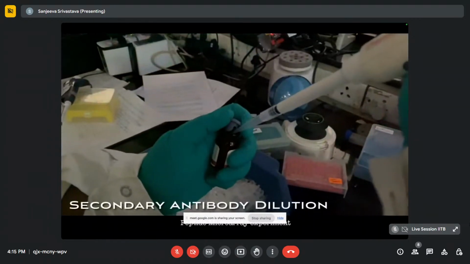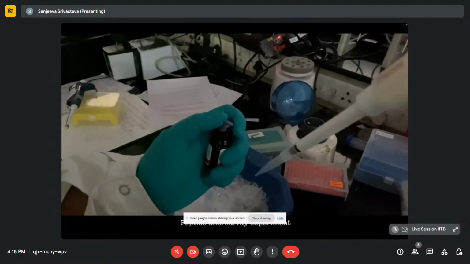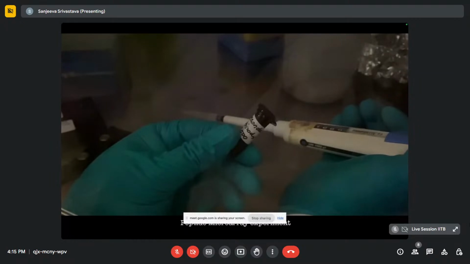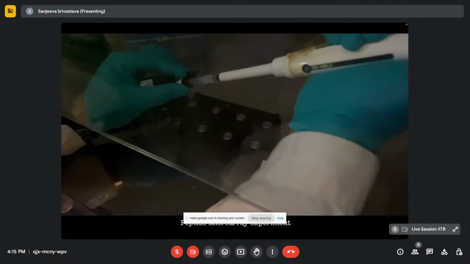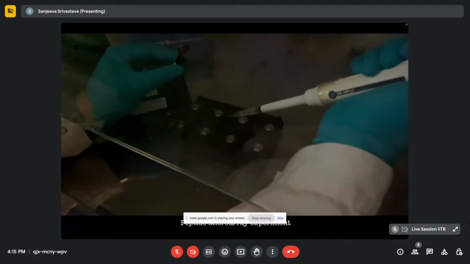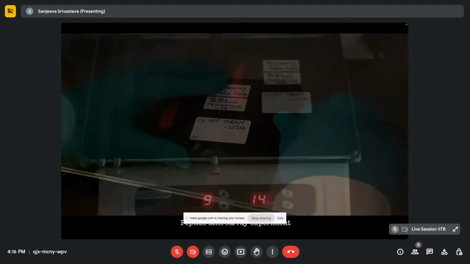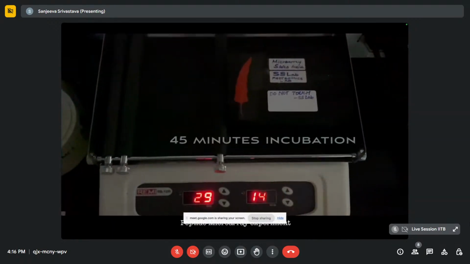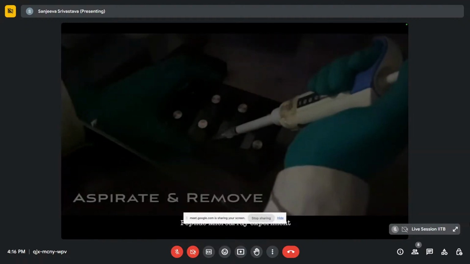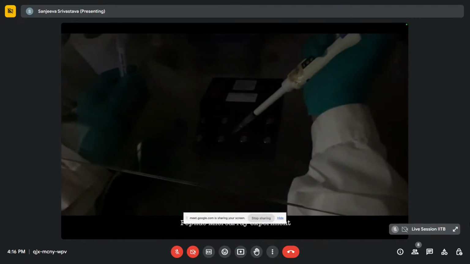Prepare a dilution of secondary antibody at 1:2000 and then slowly overlay the secondary antibody on the microarray chip. For 45 minutes, allow the incubation to happen at 140 rpm at room temperature. Make sure that you do not expose the slides to light at any given moment.